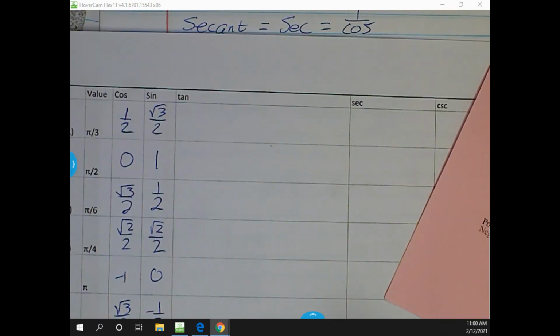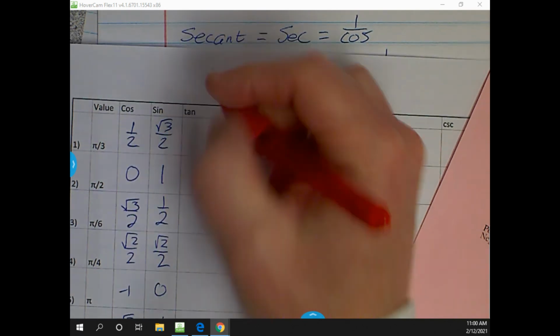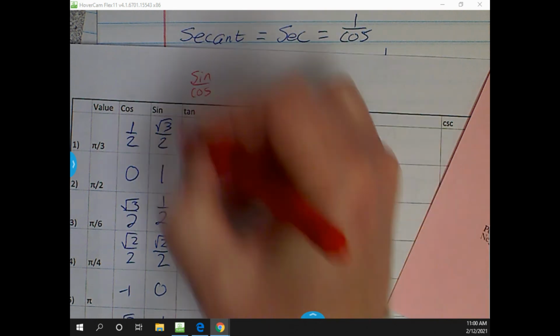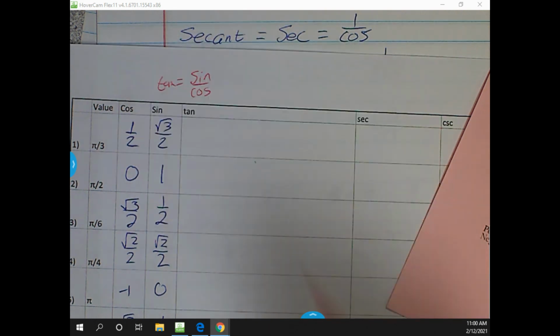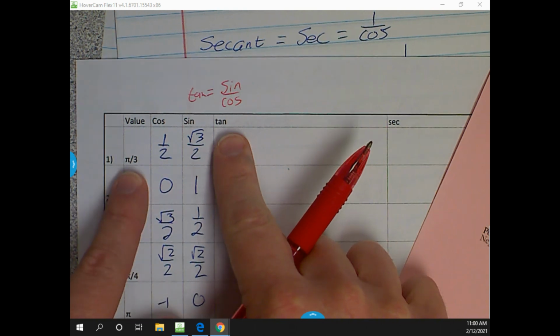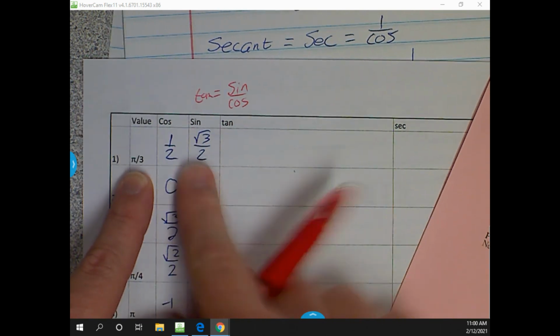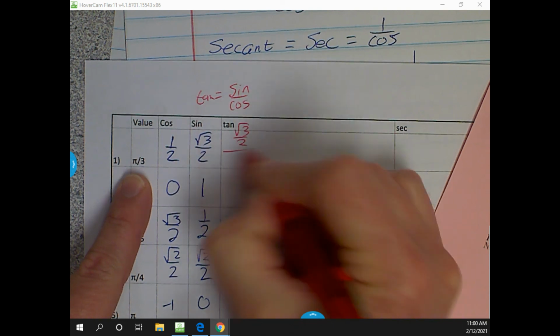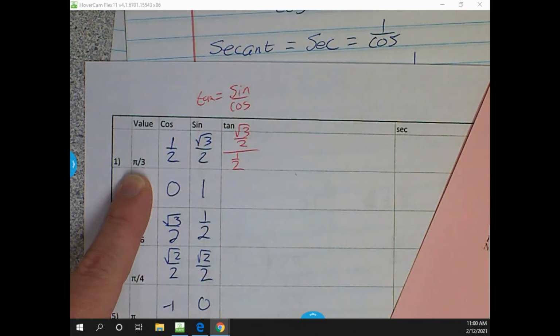All right, for tangent, we said tangent is sine over cosine. So when they ask you to find the tangent of pi over 3, well, if you know what the ordered pair is, that means for tangent of pi over 3, it's going to be square root of 3 over 2 over 1/2.